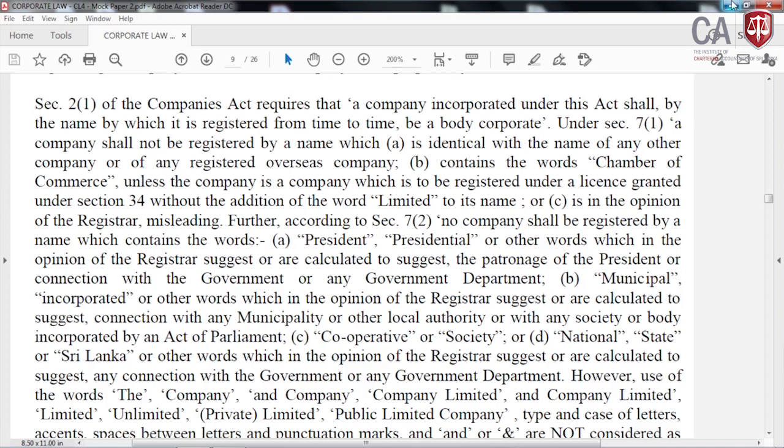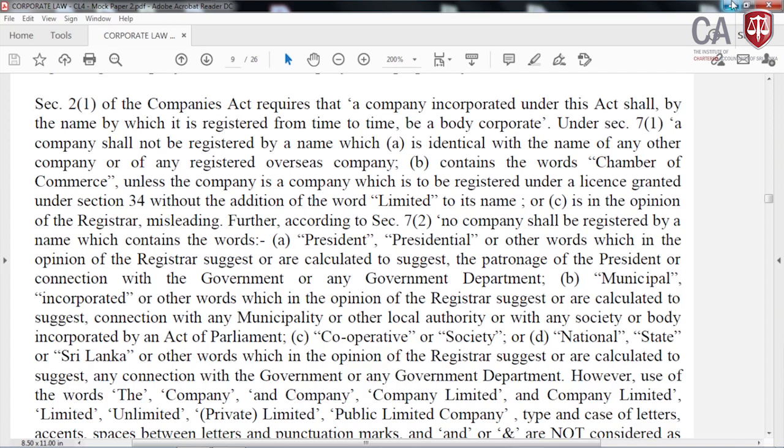Now suppose that there is a company overseas but which is not registered in Sri Lanka, then you can take that name, no issue. But if your company name is identical to the name of another existing company registered in Sri Lanka, or another registered overseas company, then you are not supposed to get that name.